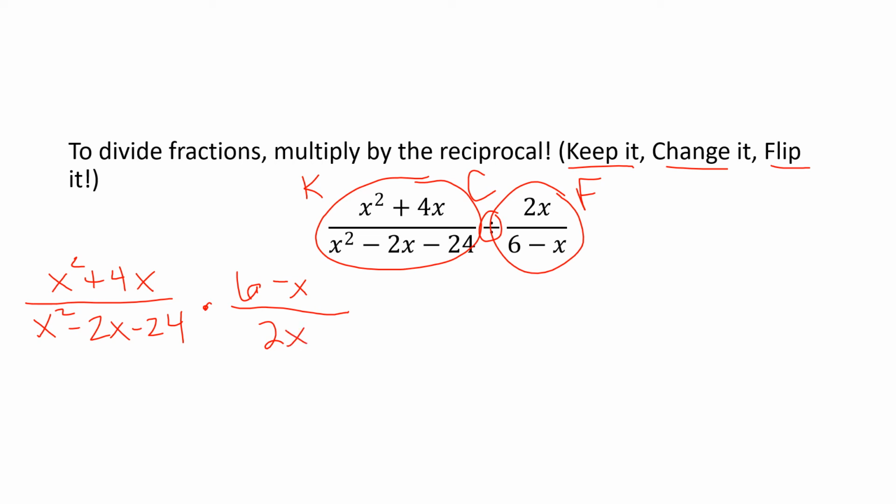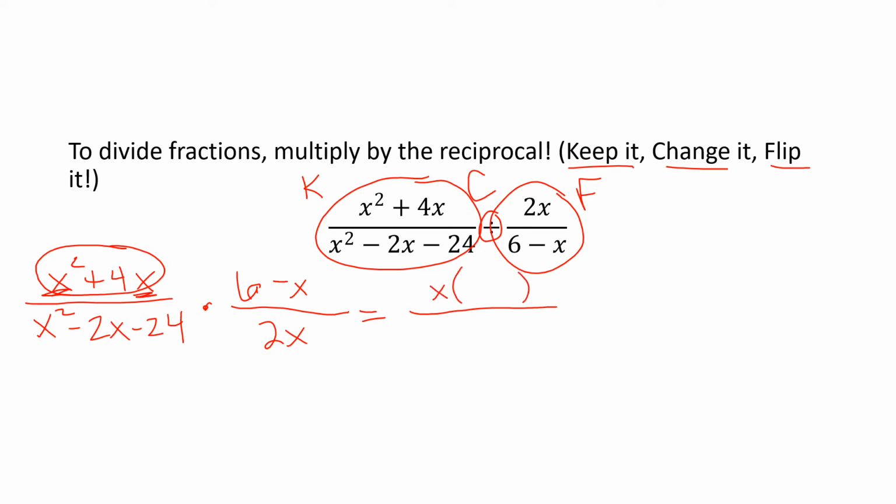Now, as we did in the 2 previous examples, once you get here, instead of just multiplying anything and everything together, instead, we want to factor it and we want to look for anything that could be simplified up front. So for example, the first fraction, if you look at the top, there's only 2 terms. I noticed that they both have an x. So I'm going to take out the GCF.